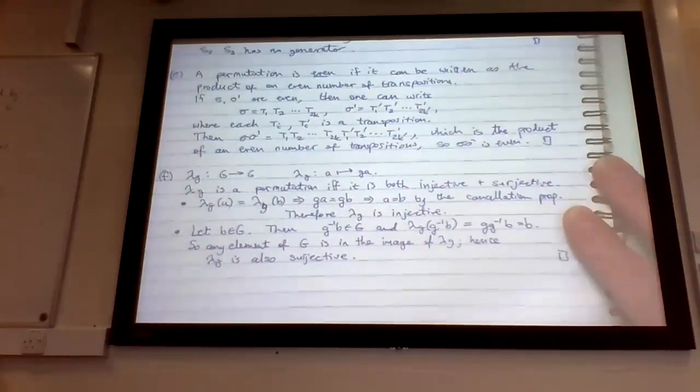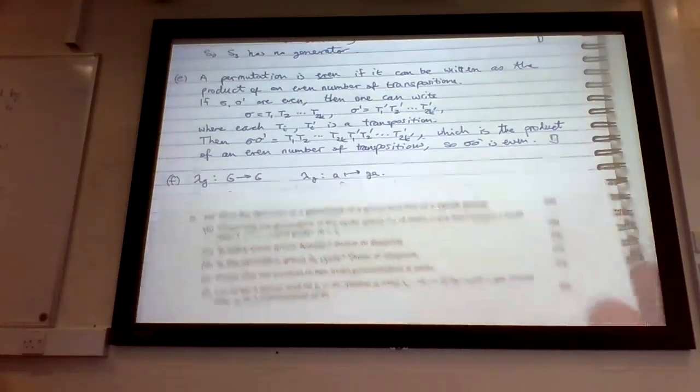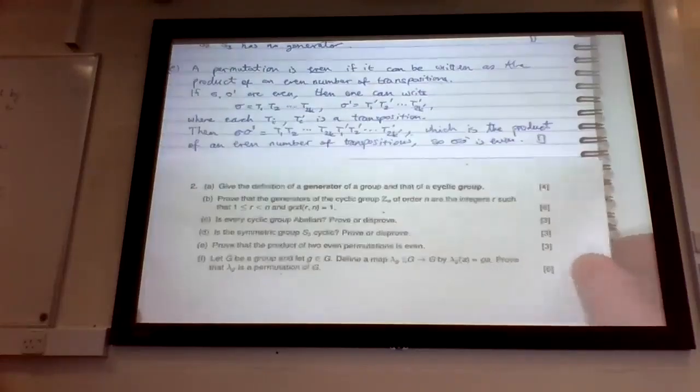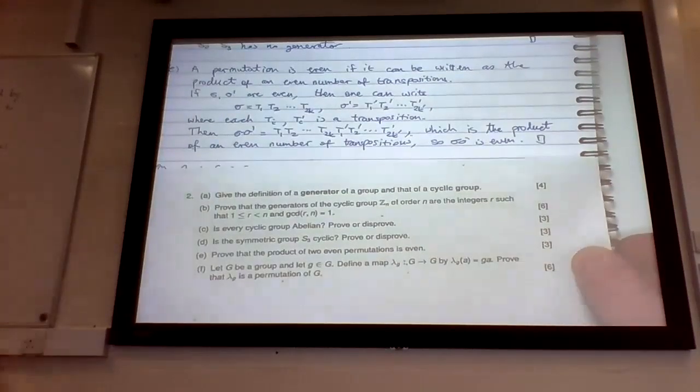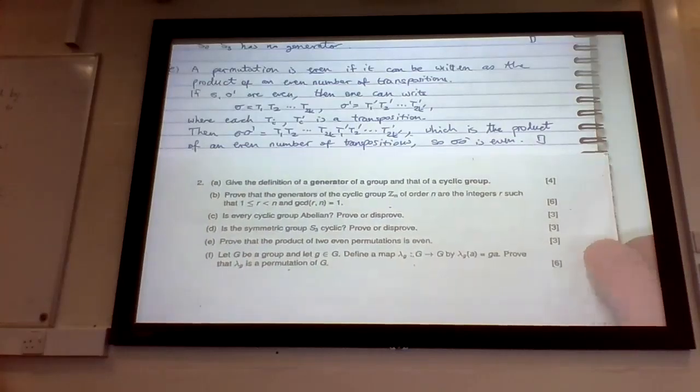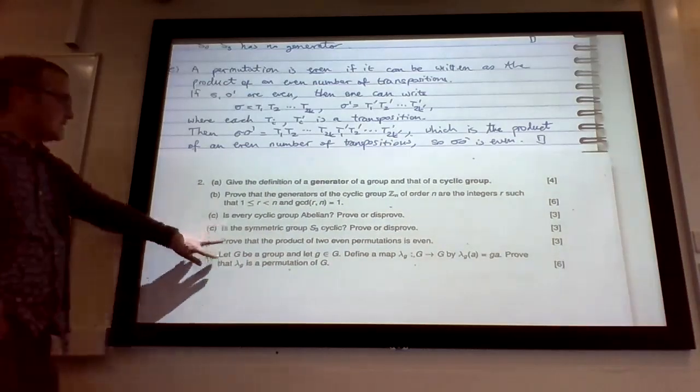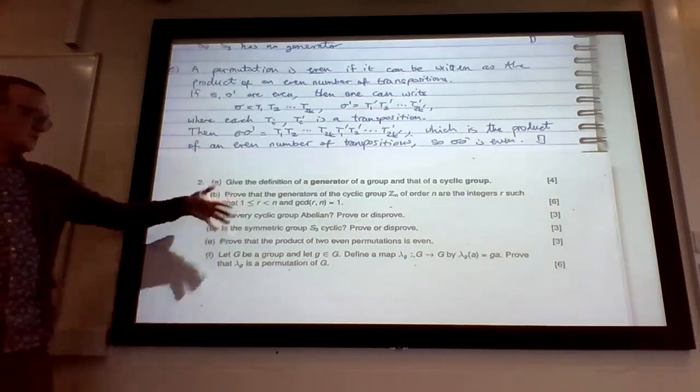Now continuing, asking about permutations, they prove that the product of two even permutations is even. Well, we haven't seen the definition in the question before that.